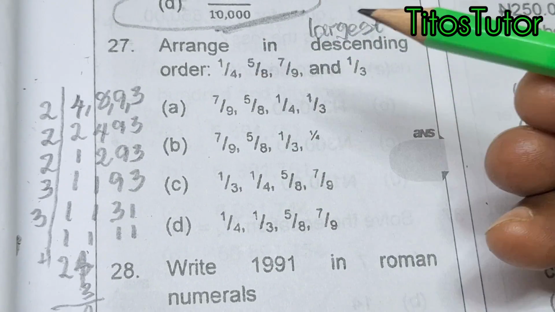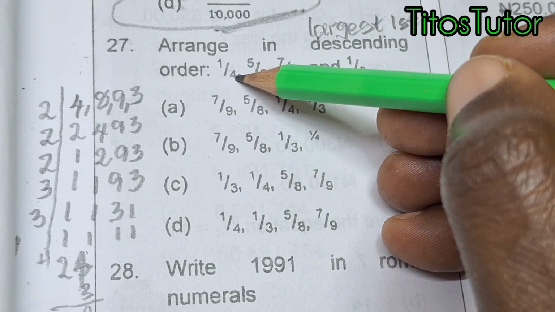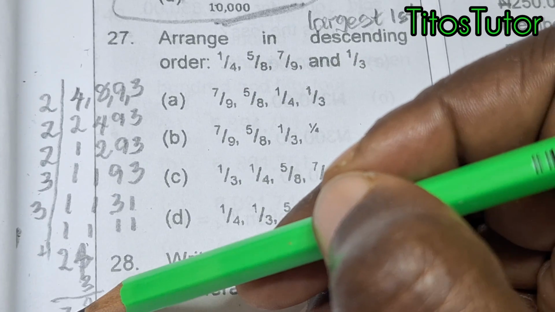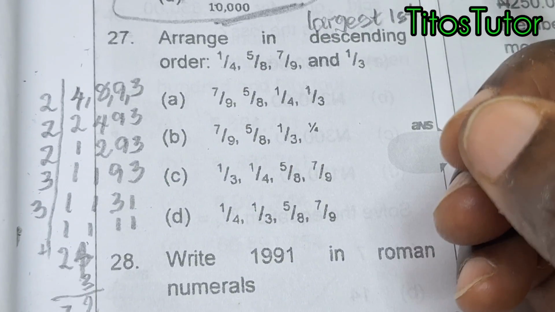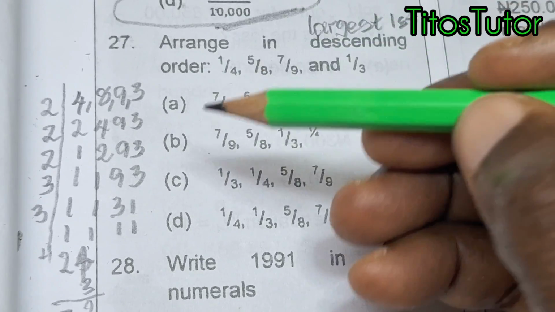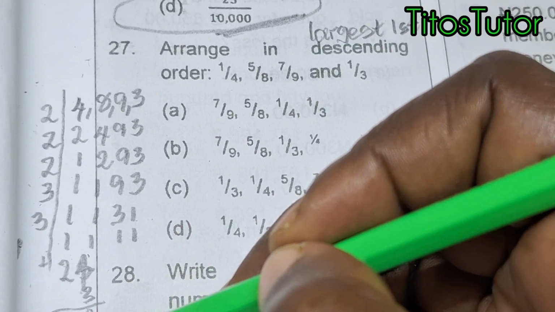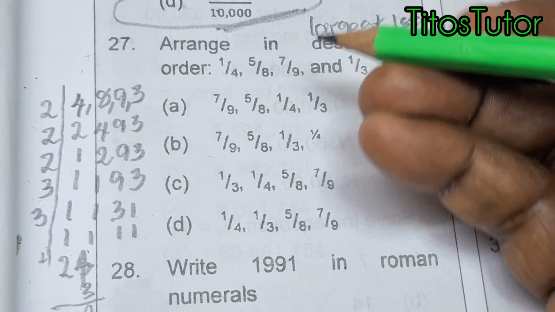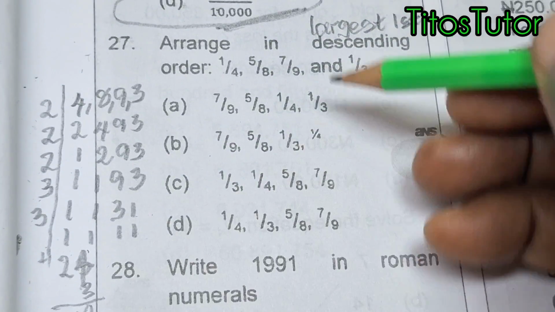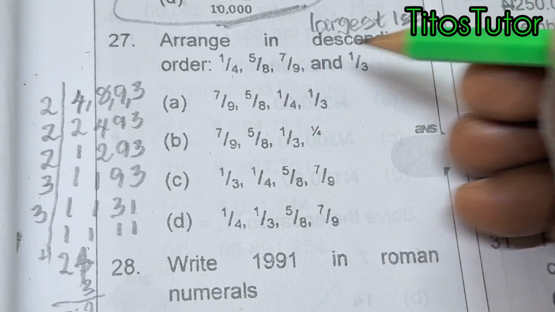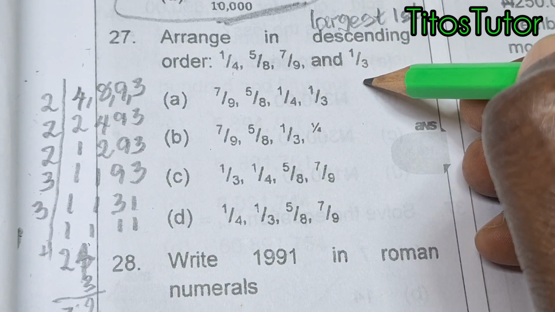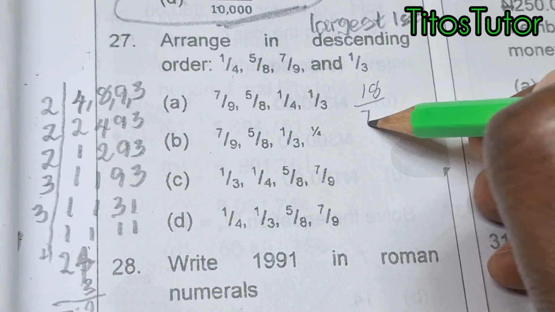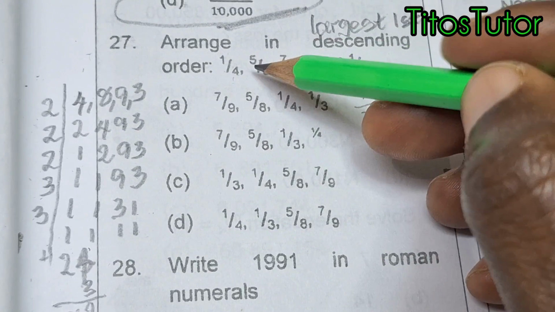Let's start with the first one. What do you multiply by 4 to give you 72? You can just divide, right? 4 times 18 will give you 72. So 1 over 4 is the same as 18 all over 72.